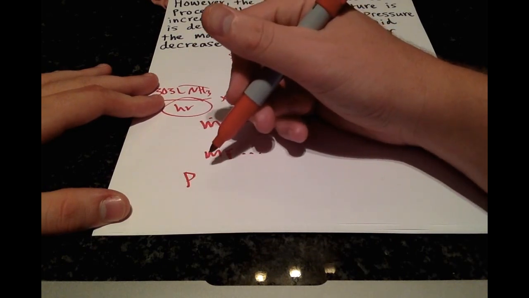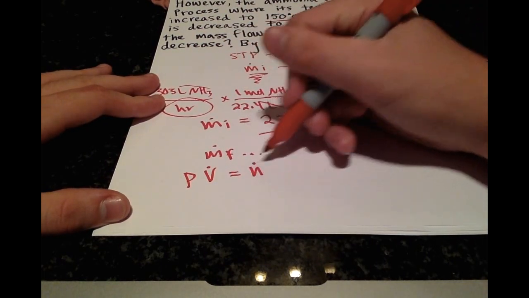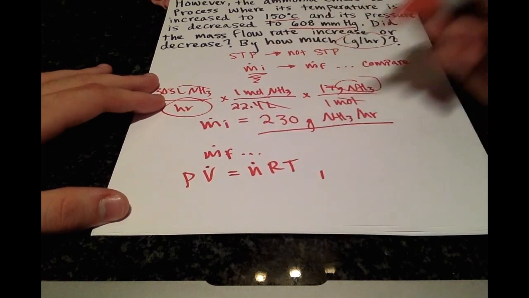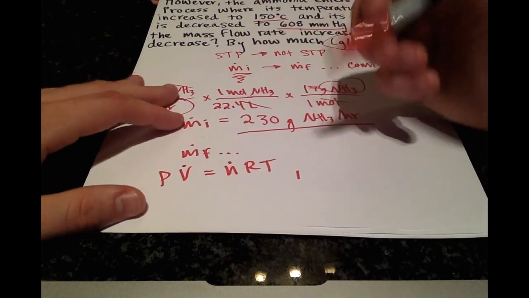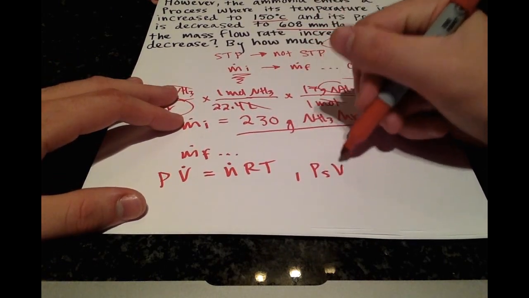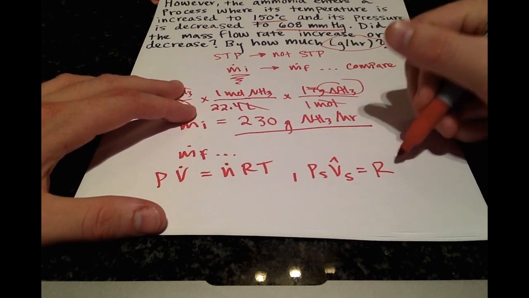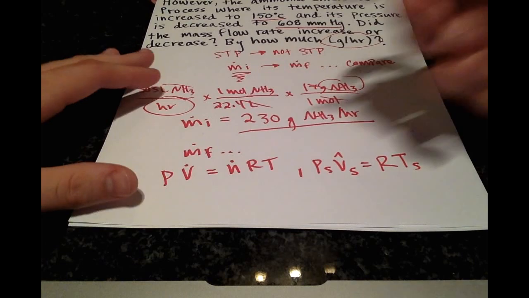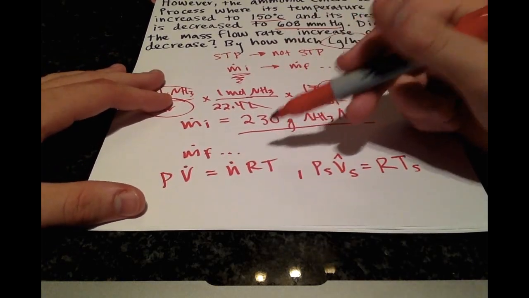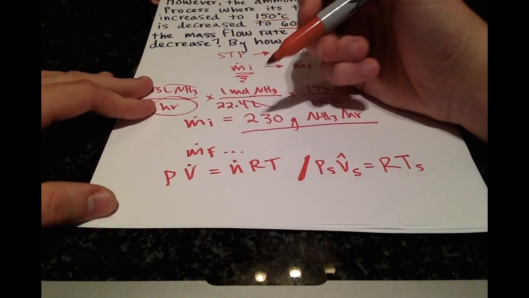The way we do that is we write each equation separately. This is at non-standard conditions, and then at standard conditions we have this. How are we going to combine these? We're going to divide the first equation by the second equation.